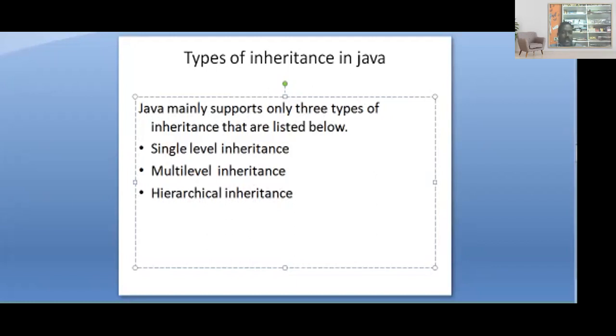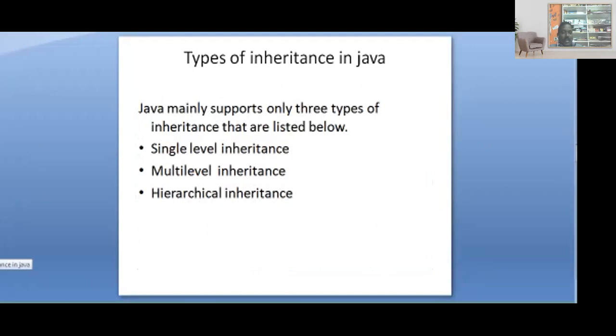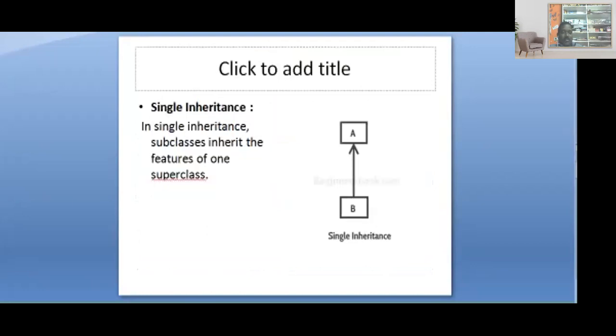Then we'll go to the example of single level inheritance. In single inheritance, we have only one base class and one child class. Here A is a parent class and B is a child class.